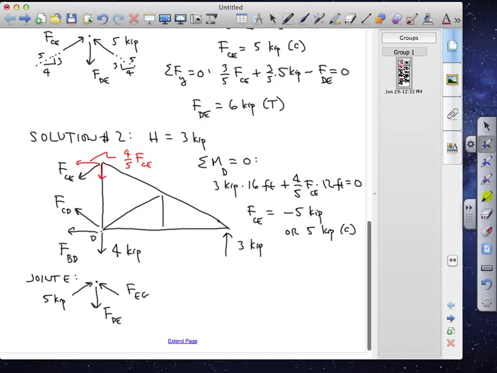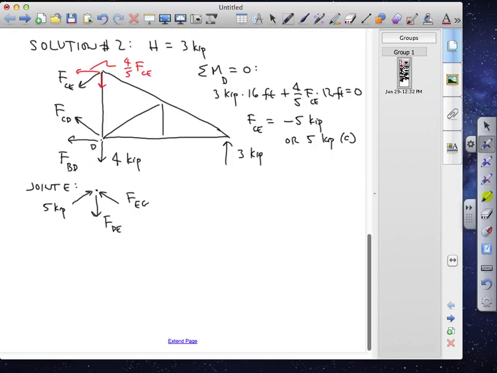So again, I'm left with just force equilibrium in X and Y, and I'm going to get 5 kip cosine theta minus FEG cosine theta is 0, and FEG will also then be 5 kip in compression.